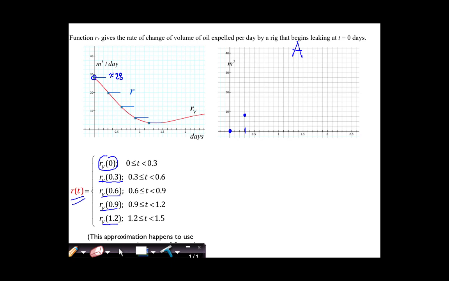Well, if there's an exact accumulation, I know the rate's changing all the time. It goes from 28 down to something else. But if I'm using this approximate rate, I'm going to use a rate of 28 cubic meters per day the whole time from 0 to 0.3. If I have a constant rate between 0 and 0.3, and I'm graphing not the rate but the accumulation, I should have a straight line, not horizontal, but diagonal, connect the dots, right? So it'd go like this.